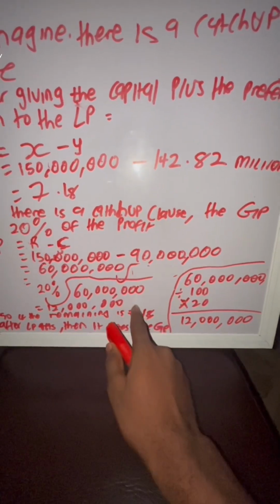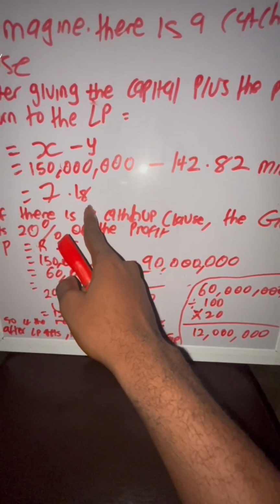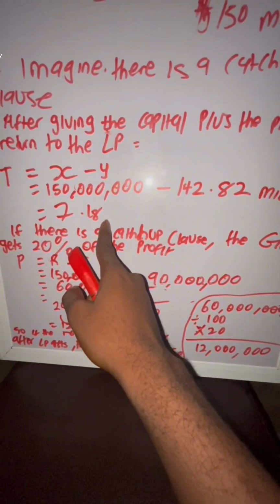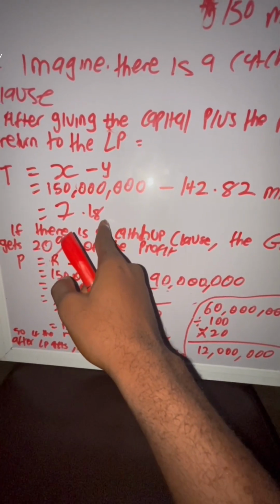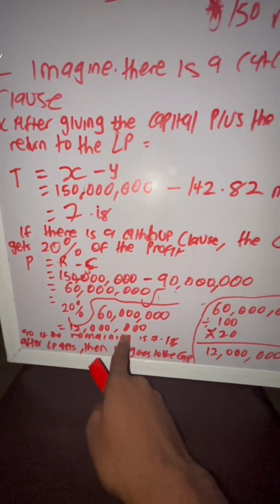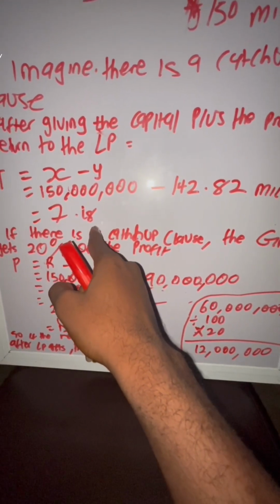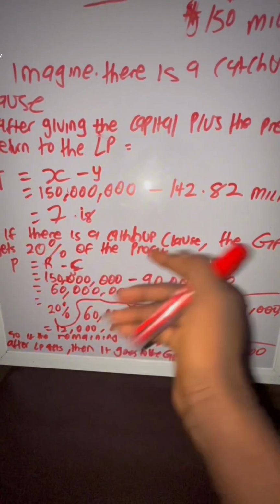But in a situation where, after paying the capital and the preferred return to the LP, this is what is left, they automatically are supposed to be getting this, but this is what is left. So now they get this, and that's the end.